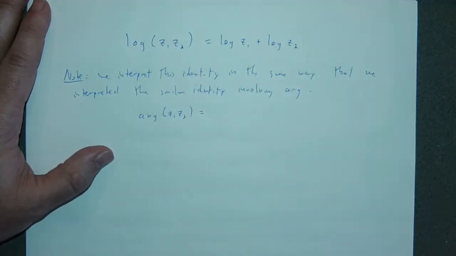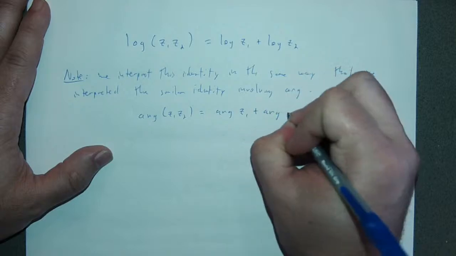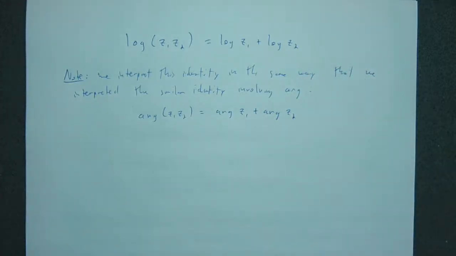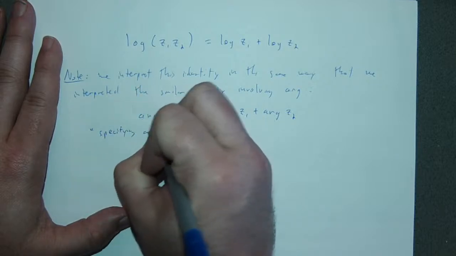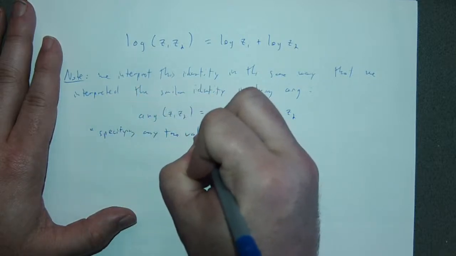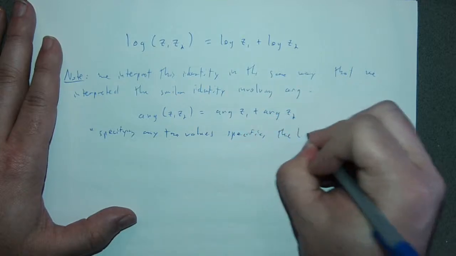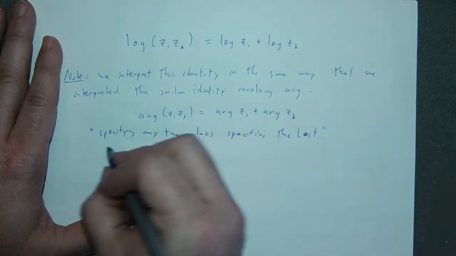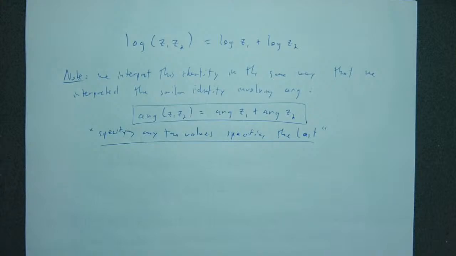The argument of two complex numbers multiplied was just the sum of the arguments. And the way of thinking about this was that specifying any two values here specified the third, right? So specifying any two values specifies the last. This was our way of interpreting this boxed property.